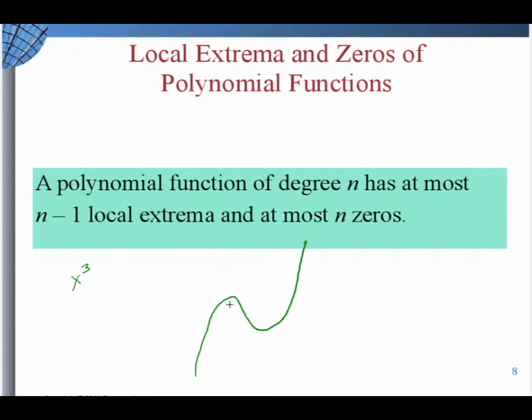And what this says is that the curve can have at most 2 extrema, which kind of makes sense. If I put the x-axis on here, we can see that this curve can hit the x-axis at most 3 times, having 3 zeros. So the degree of the function tells us at most how many distinct zeros there are, and at most how many extrema there are. And again, the key is at most.